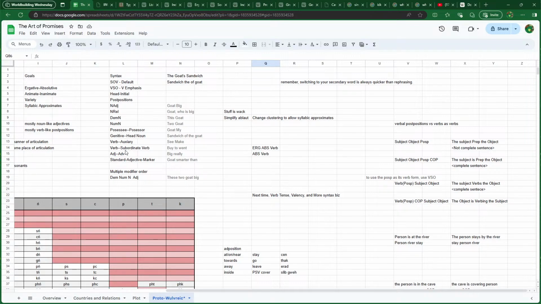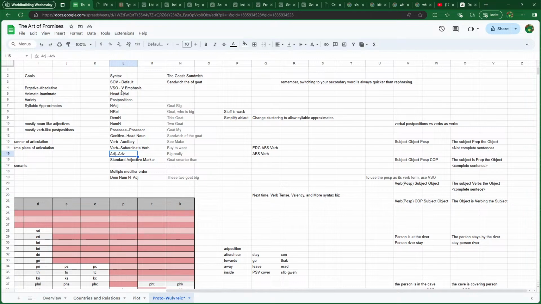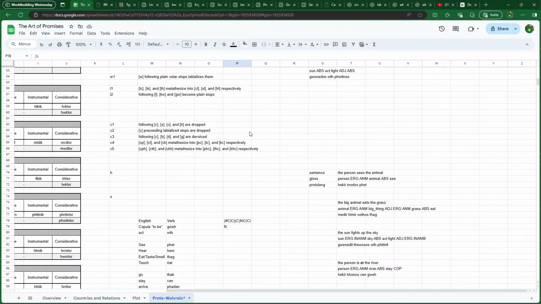But our auxiliary verbs, so see, make, this basically means cause to see, goes after our subordinate words. So by is the main one and to went comes after. The only difference here is that postpositions go between the verb and the object.